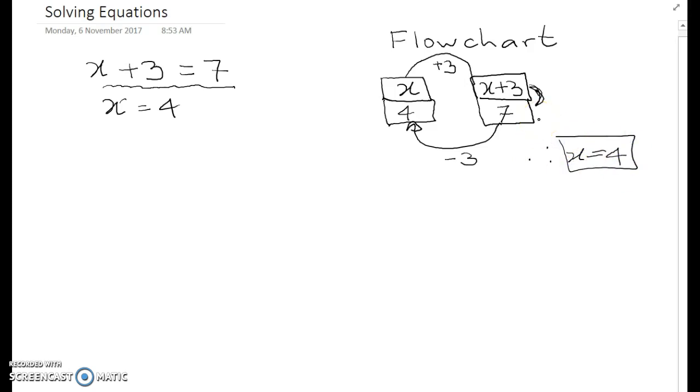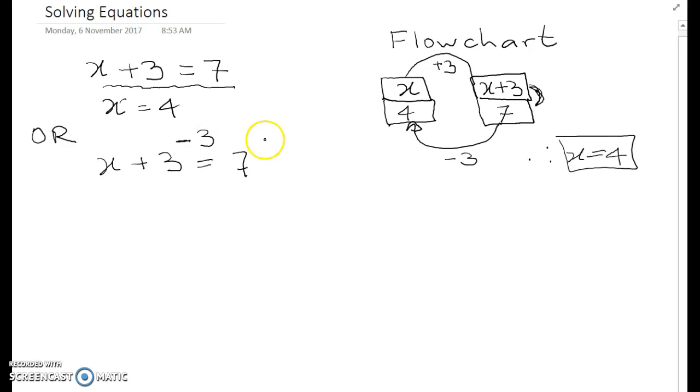Now, the other way of solving the same equation is this. x plus 3 is equal to 7. We need to get rid of the 3 because we want x by itself. How do we do that? Plus 3, take away 3 is going to give us 0, so x is going to be by itself.